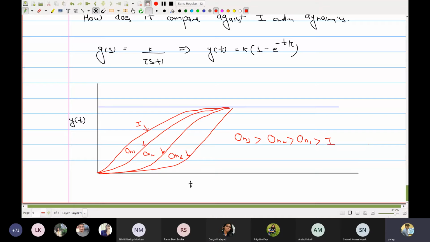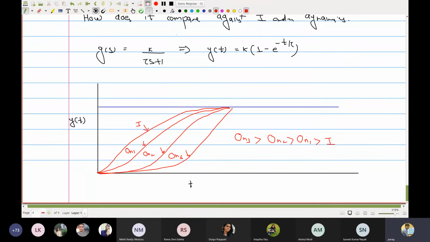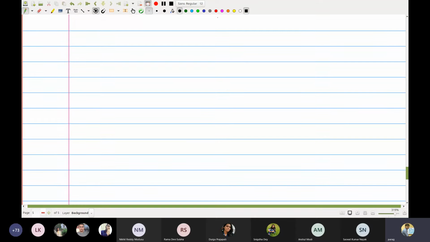Okay. Now you see here, we wrote this overall transfer function. So let's write the overall transfer function. So the overall transfer function was what? K1, K2 upon (tau 1 s plus 1)(tau 2 s plus 1).